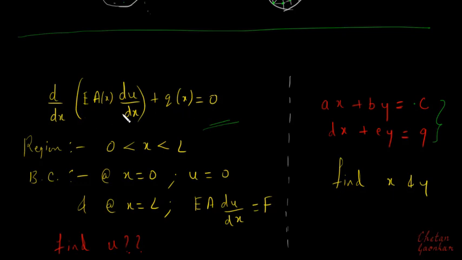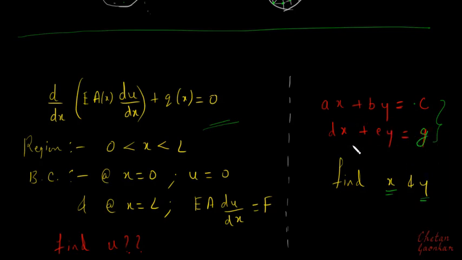So after solving this differential equation, I need to find u. On the right hand side, we have a set of algebraic equations, and you need to find x and y from these equations. Here the equations are ax plus by equal to c and dx plus ey equal to g.